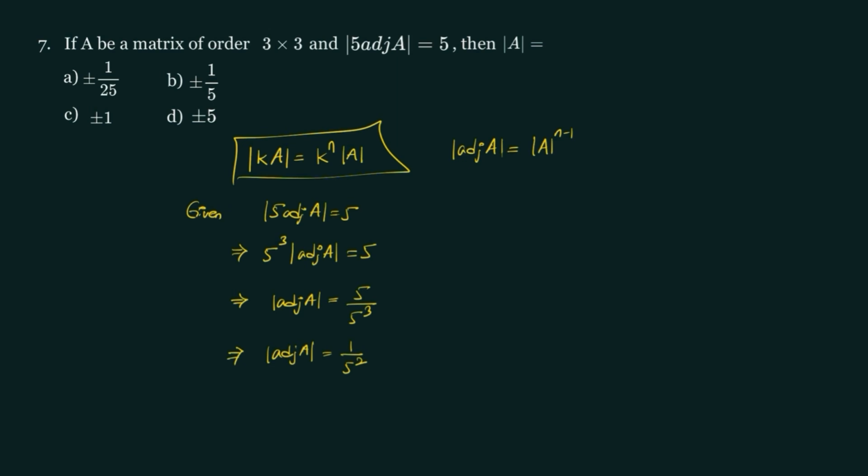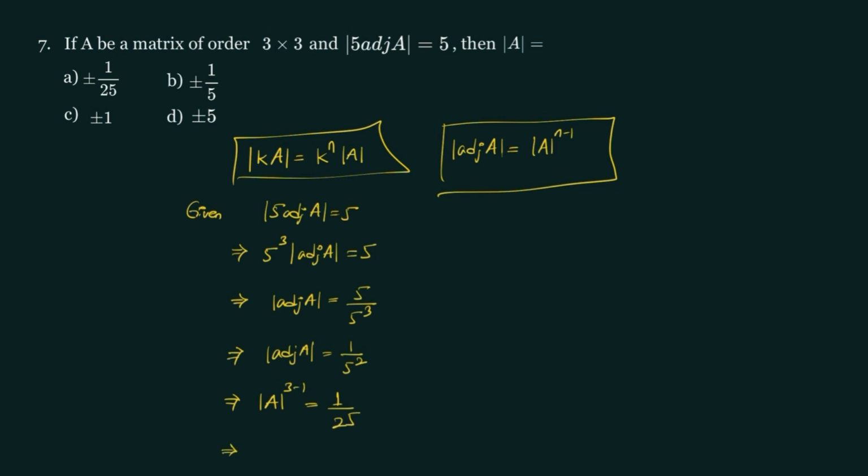Now again, here I will use the second property, that is determinant of adjoint of A can be written as determinant of A to the power n minus 1. So in place of determinant of adjoint of A, I can write determinant of A to the power n minus 1, that is 3 minus 1, equals 1 over 5 square, which is 25.